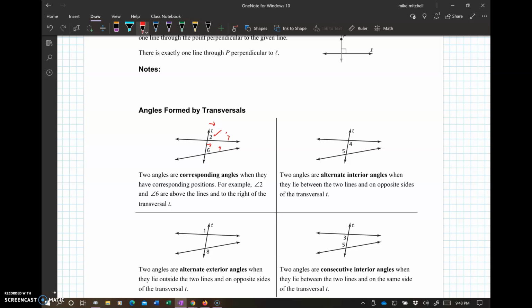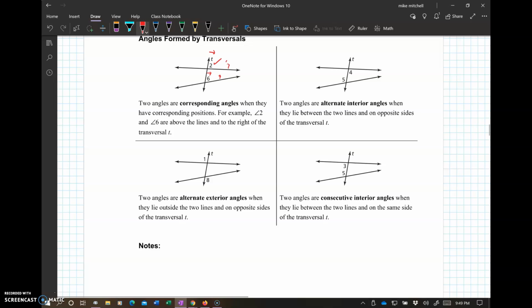That's what they mean by the same relative position on there. Alternate exterior. They're exterior. They're on the outside. Here's your two lines. They're on the outside of those. Okay, that makes them exterior. T's your transversal. They're on different sides of the transversal. Now, it couldn't be here because that would make it a linear pair.